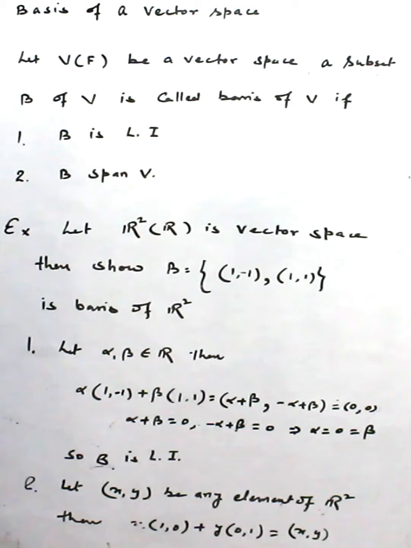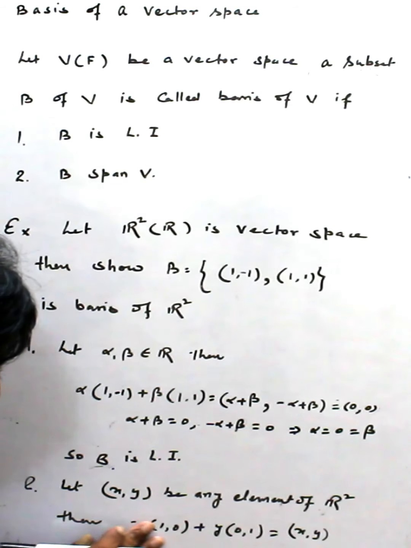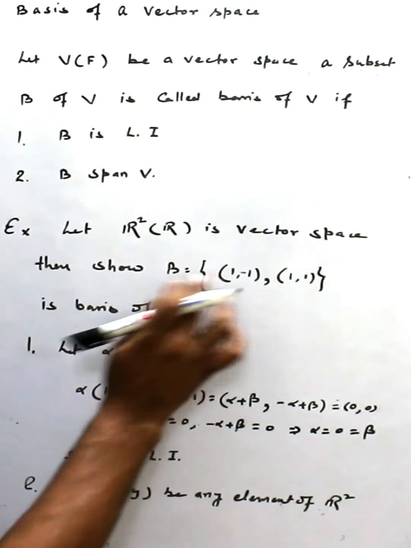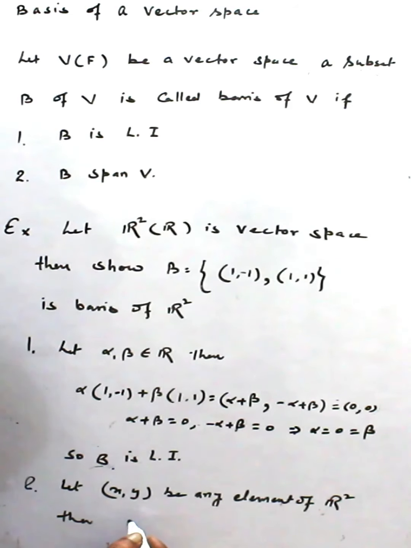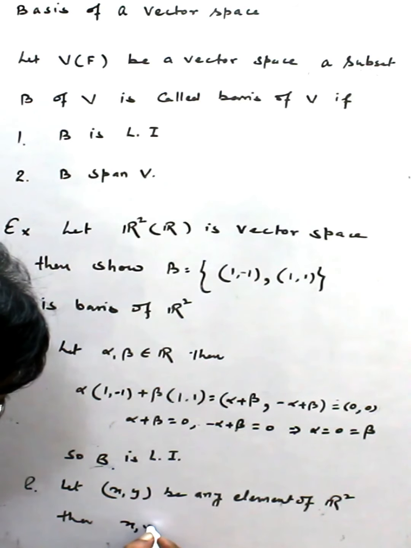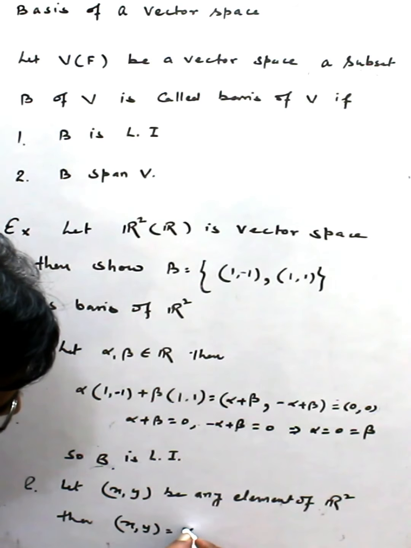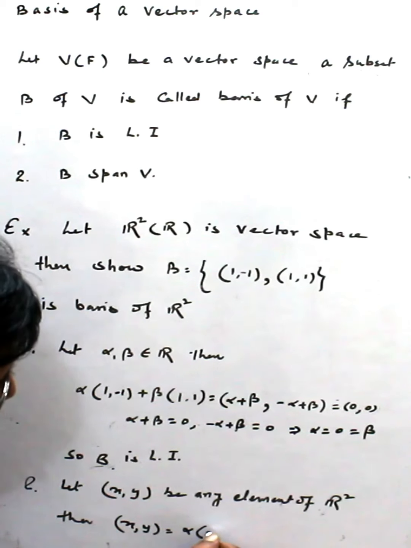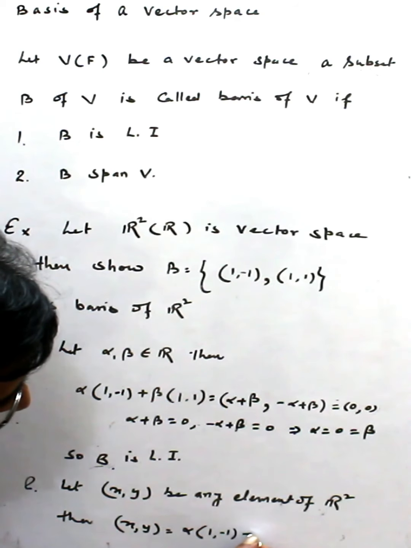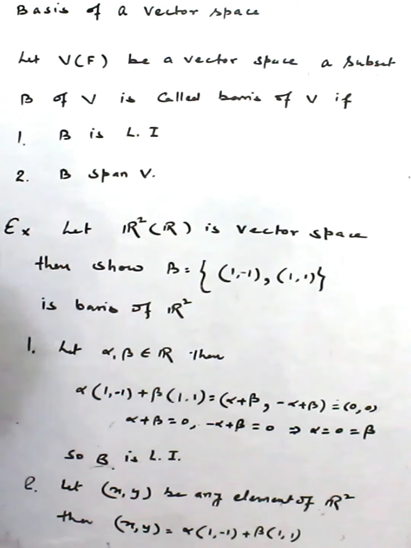Now we check the second condition, B spans V. Let (x, y) be any element of R square. What happens now, because our form has changed? Here I don't know exactly what the values of x and y are. So I say (x, y) is equal to, suppose, the linear combination alpha (1, minus 1) plus beta (1, 1), right?